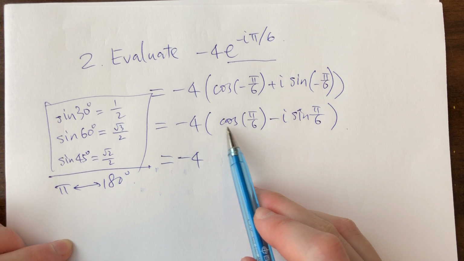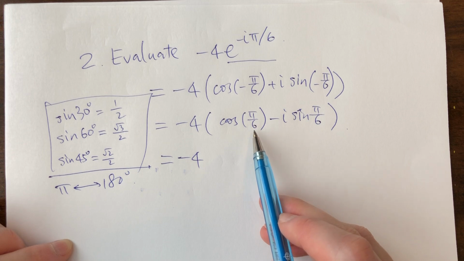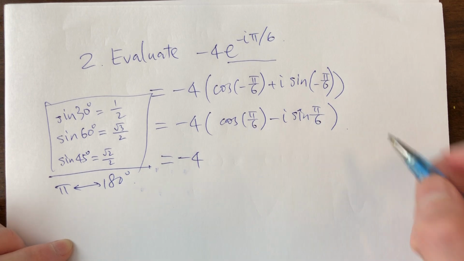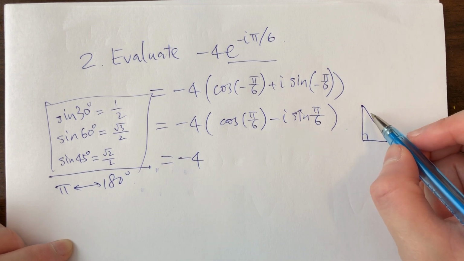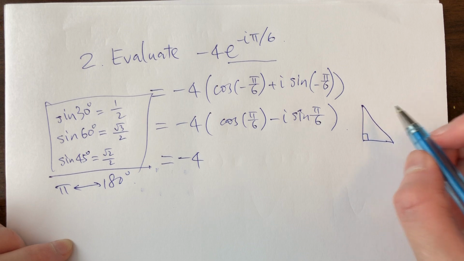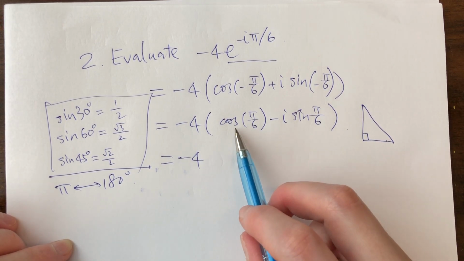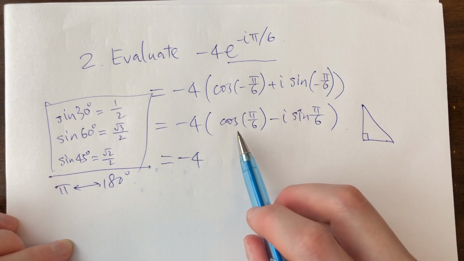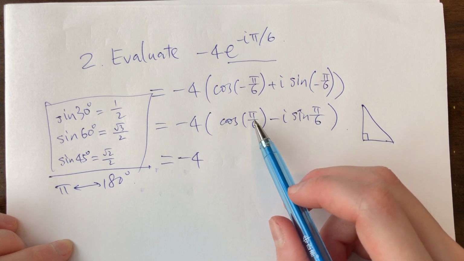So then that's cosine 30 degrees. If you think of a right triangle, then cosine is the same as sine of the complement of that angle from 90 degrees.